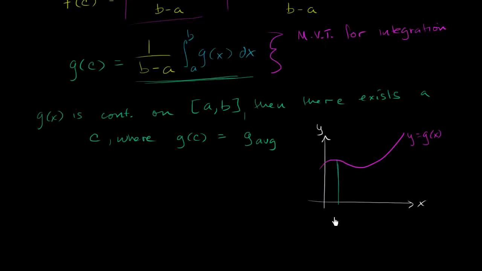And we're talking about the interval from a to b. We've already seen how to calculate the average value. So maybe the average value is that right over there. So that is g average. So our average value is this. The mean value theorem for integrals just tells us there's some c where our function must take on that value at c, where that c is in that interval.